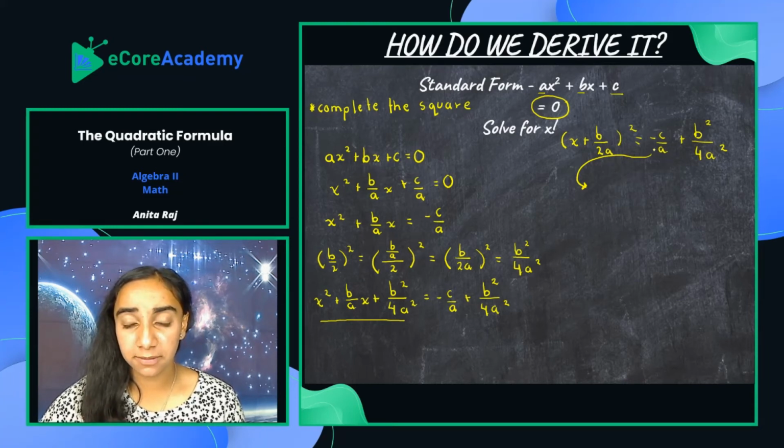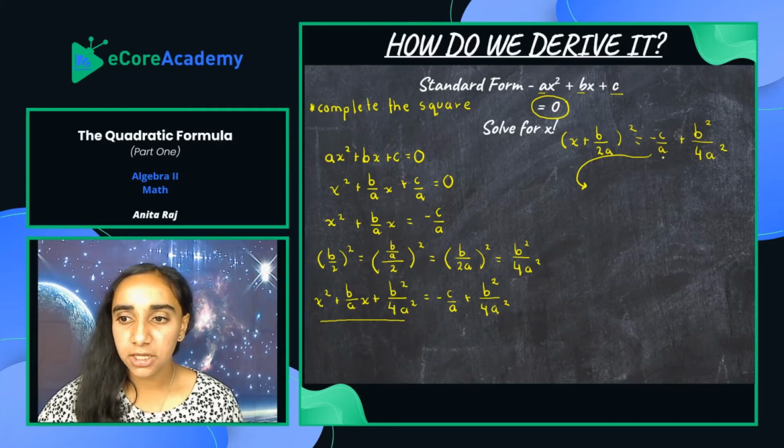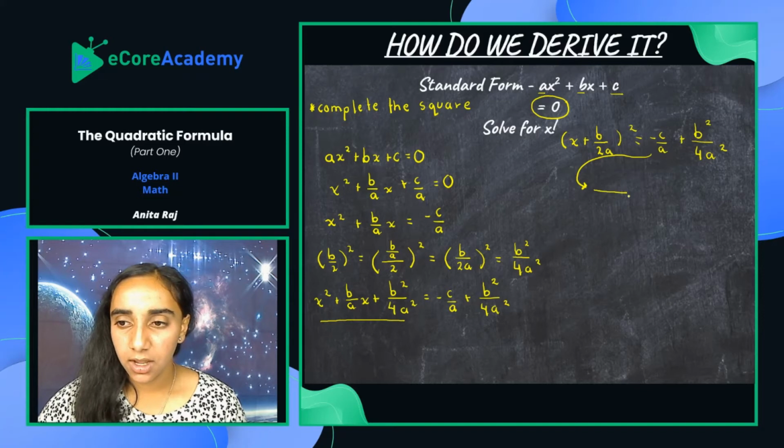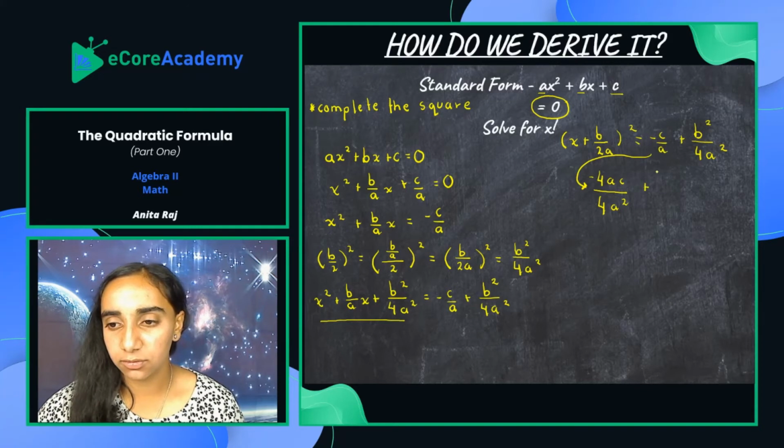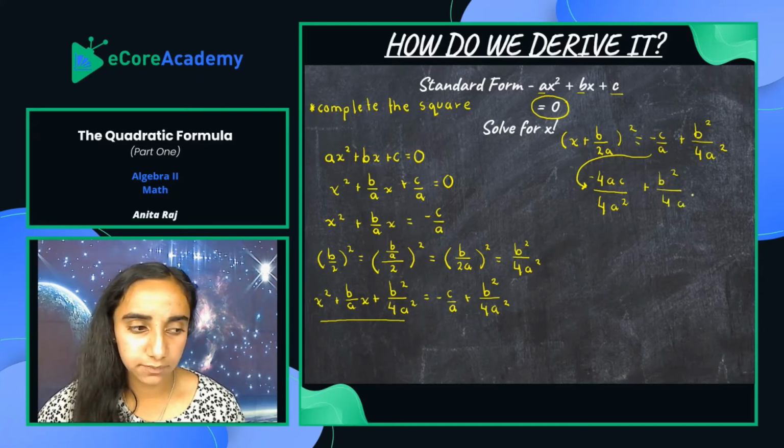We also have to multiply it by a, and then we'll get 4a squared. So therefore, if we do the denominators, we will end up getting 4a squared. And if we multiply the top by 4a as well, we get negative 4ac. And to that, we are adding this b squared over 4a squared.